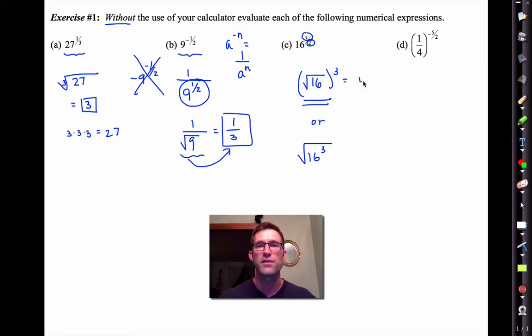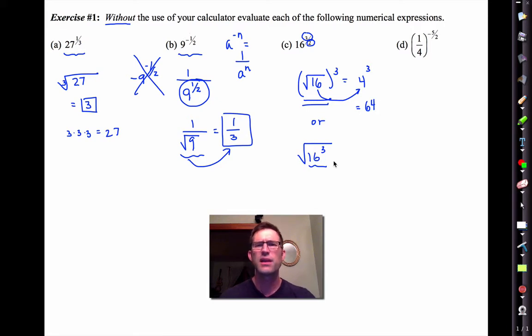Because we can easily take the square root of 16 and get 4, and then we can cube it to get 64. It's a lot harder to do it the other way simply because thinking about what 16 cubed is not the easiest thing in the world. Even if you're good with powers of 2, it's still not the easiest problem.